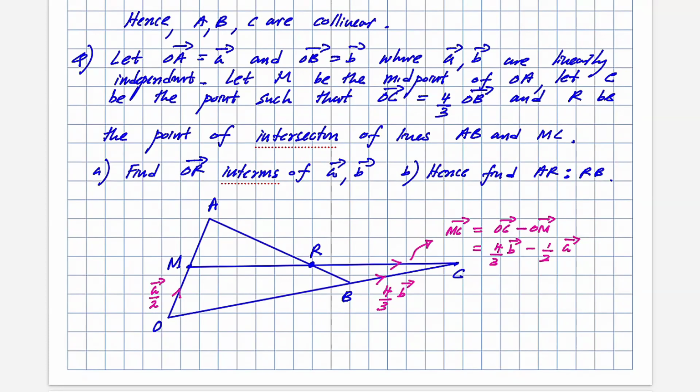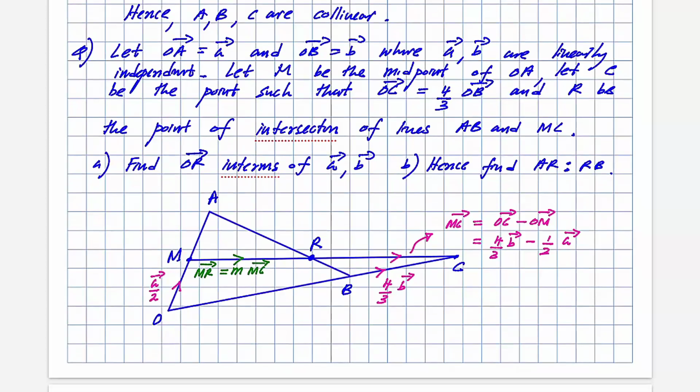And I'm going to say now MR vector is equal to M times MC vector, collinear. M, R, C points are collinear, isn't it? So M, R, C are collinear.